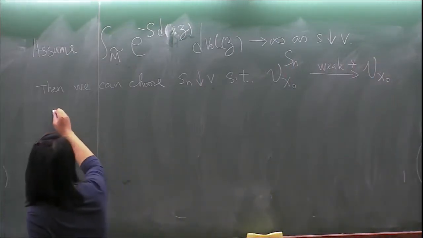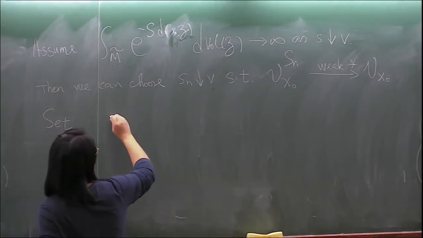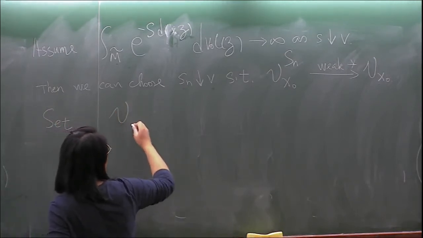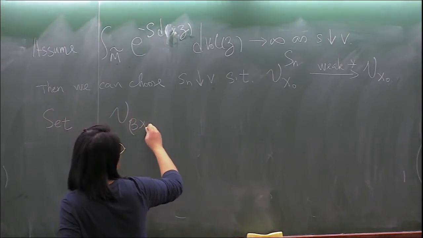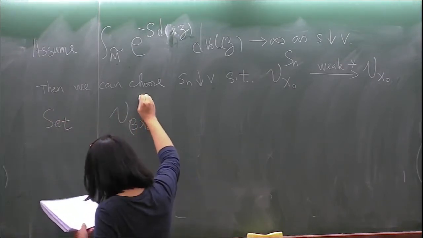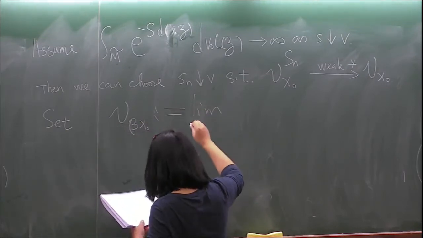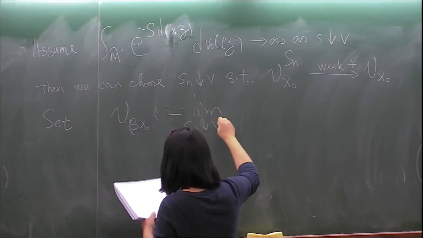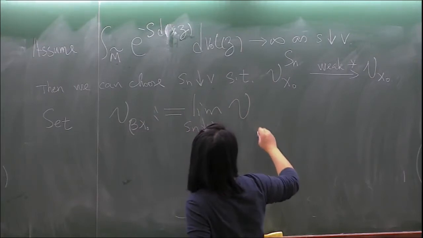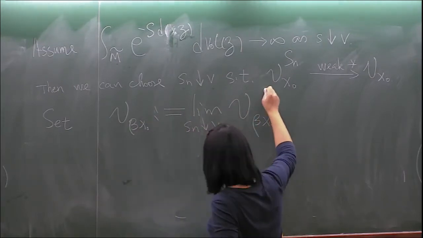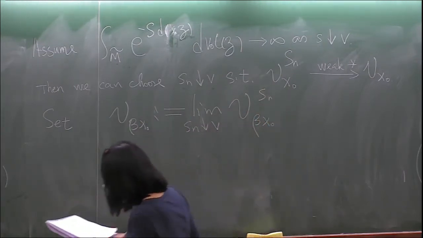So then we set, for other gamma, we set beta x naught, also the same sequence. You have to show it will converge.